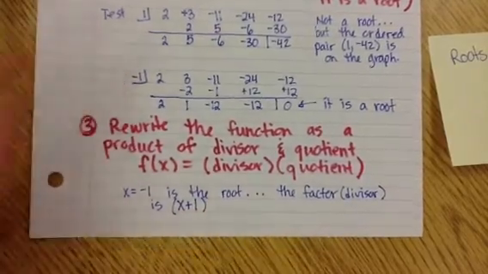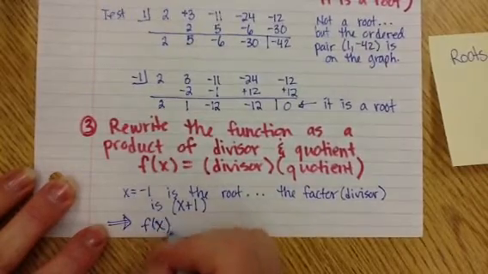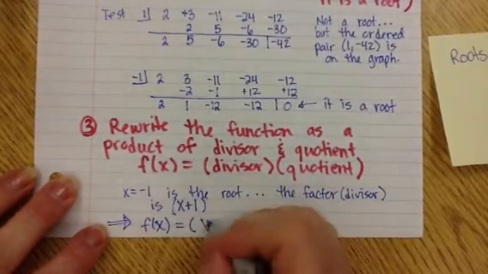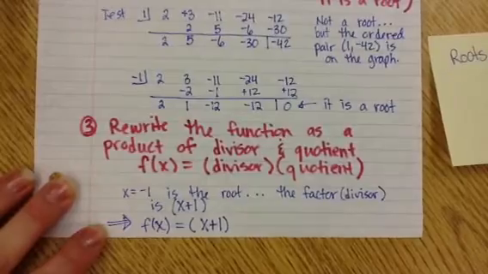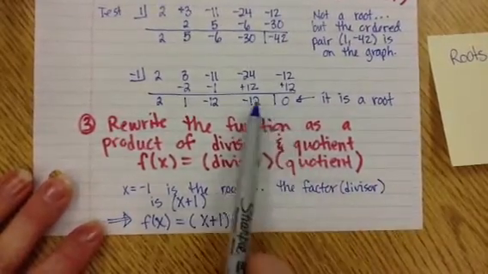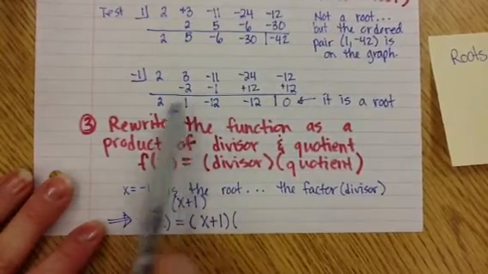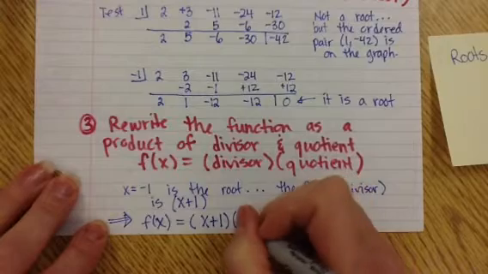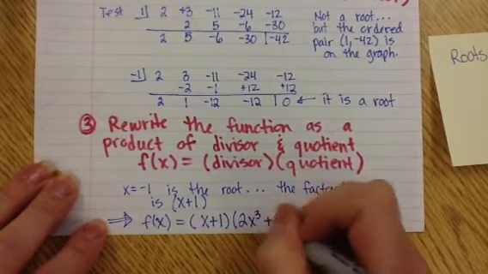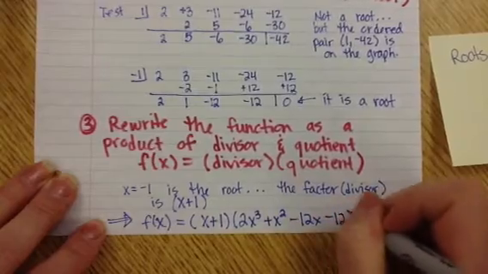Okay, so I will rewrite f(x) as the divisor of x + 1 times the quotient. Remember, in your quotient, you have your constant term, your x term, your x squared term, and your x cubed term. So that will be 2x^3 + x^2 - 12x - 12.